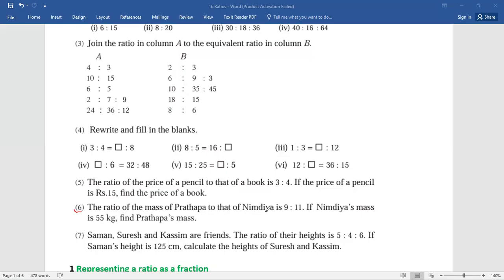We need to multiply this by the parts of Suresh, 4 parts. So this is 100 centimeters.